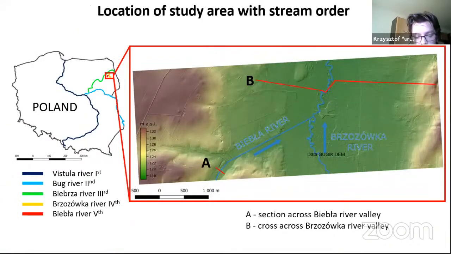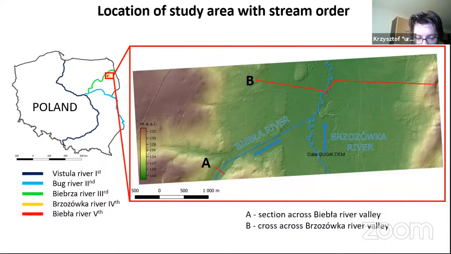In detail, the research area is located in the Brzozówka Valley. This river is a 4th order river, a left bank tributary of the Biebrza River. It is a river with a meandering pattern and currently flows nowhere.